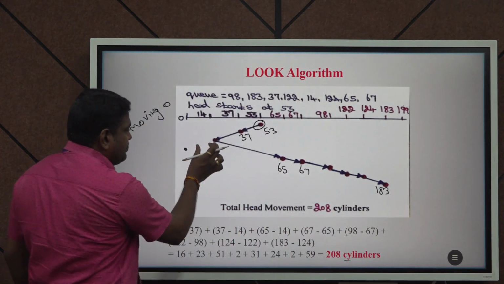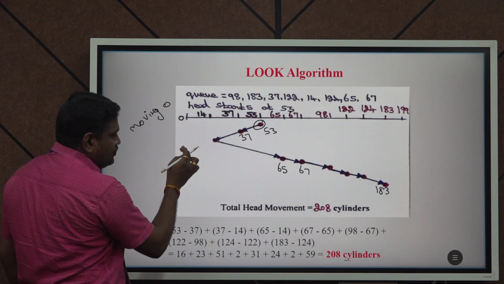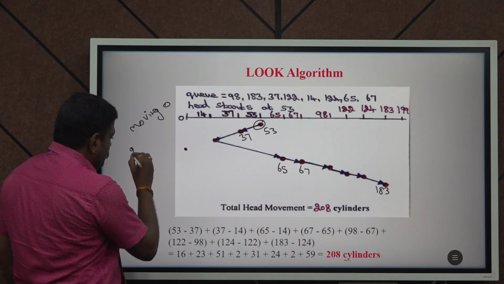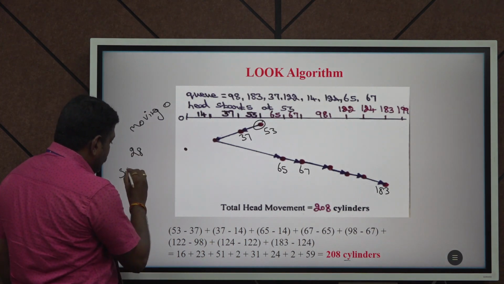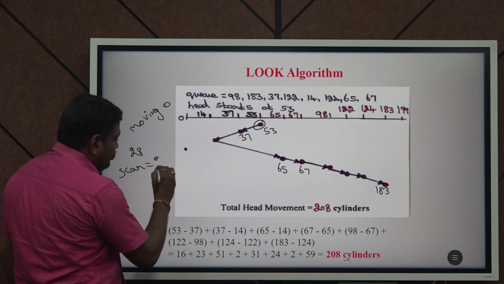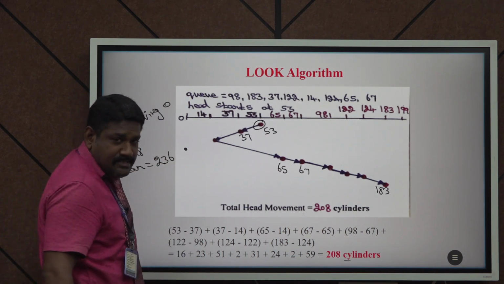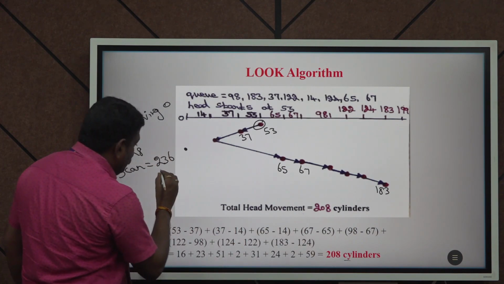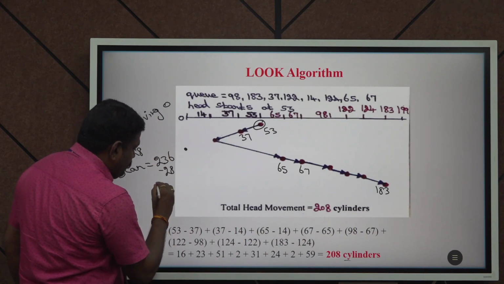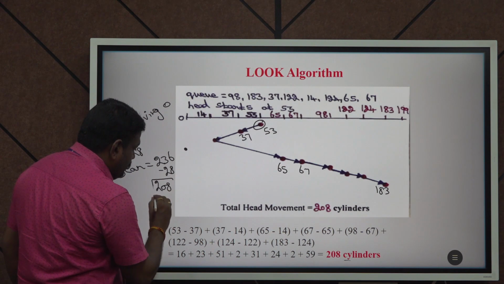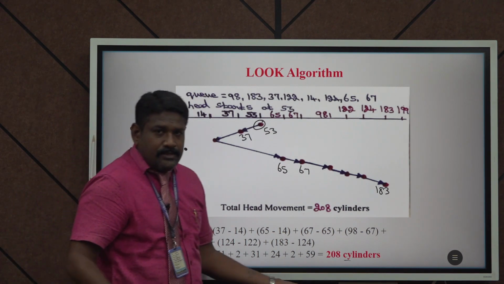The difference for 14 to 0 and 0 to 14 is 28. So in scan we have a total head movement of 236, and here we subtract 28. So we have a total head movement of 208 cylinders.